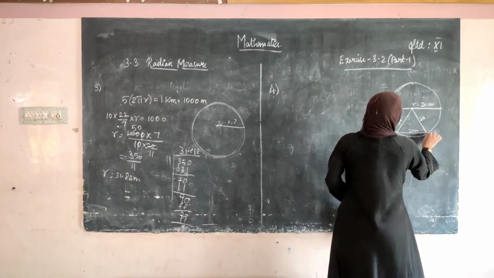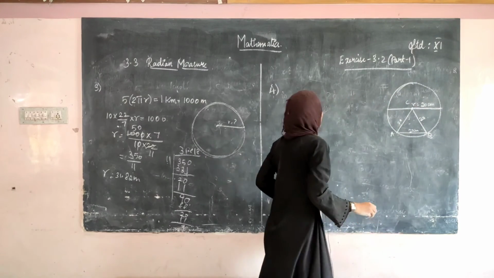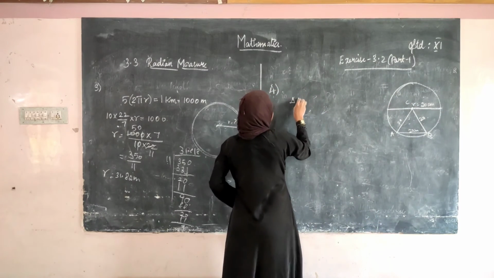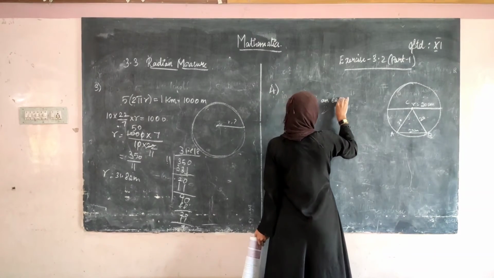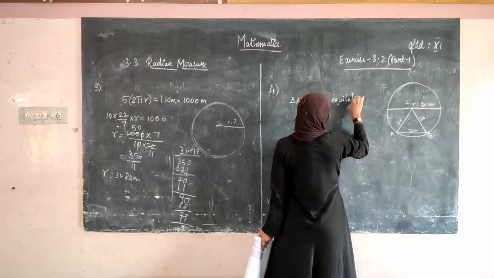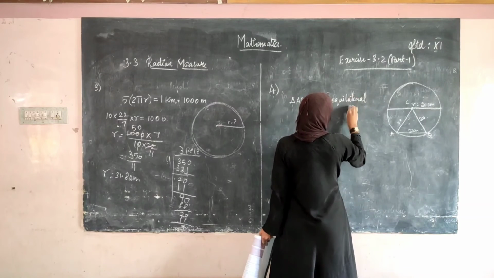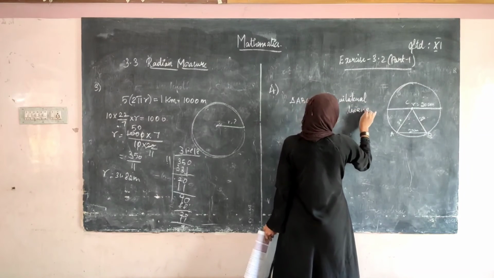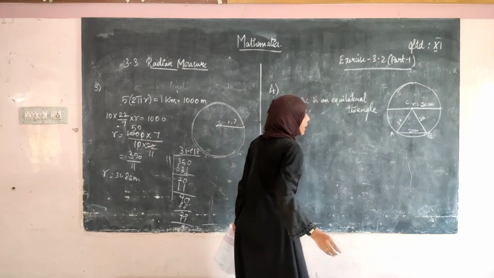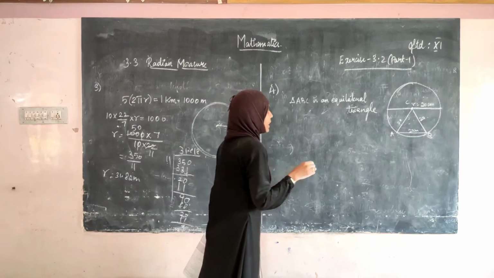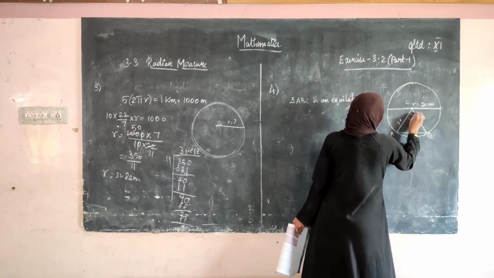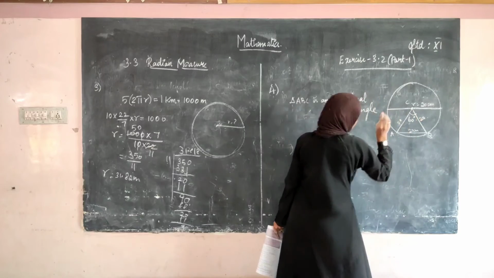This is A, B and C. So we can say this triangle ABC is an equilateral triangle. Equilateral triangle means all the sides are the same and all the angles will be 60 degree. So this is 60 degree.